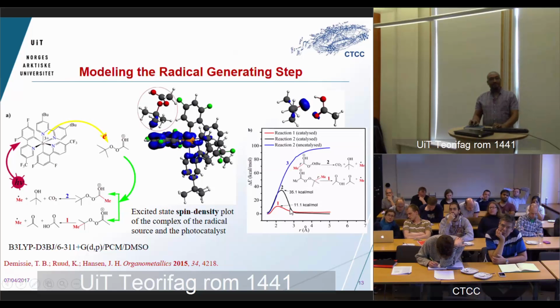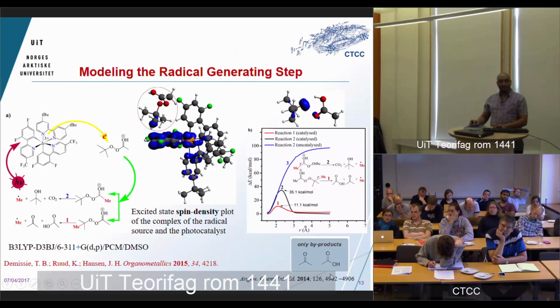And this is in perfect agreement with the experimental observation reported in 2014, in which they observed only acetic acid and acetone as the byproducts in the reaction medium. So in this way, you can easily model the radical generating step.